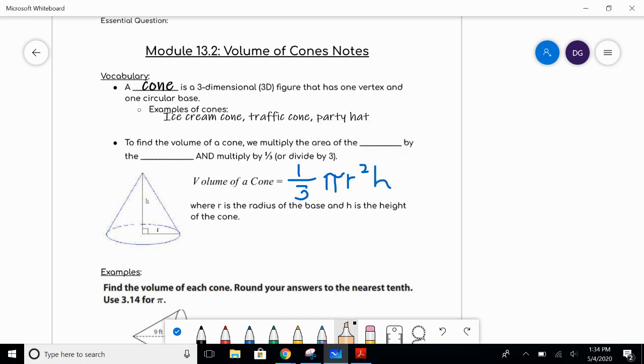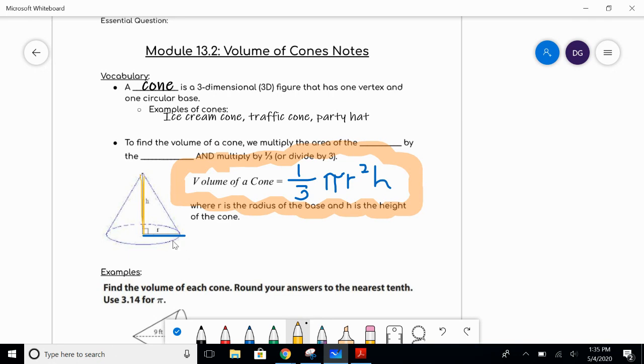So that is our volume of a cone formula, 1/3 pi r squared times h, where r is the radius of the base, so you can see that right here, and h is the height of the cone, so however tall that cone is. Those are the two measurements that we are going to need to know.